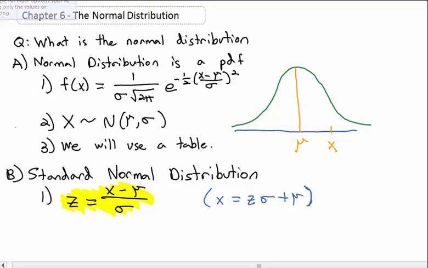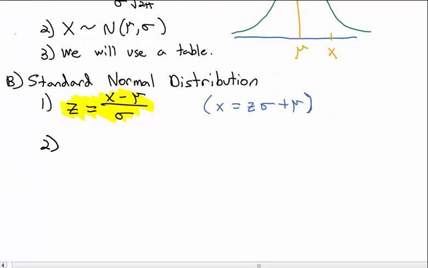But before we get really into that, let's really tear apart the standard normal distribution and make sure we understand it and how to use it. So now z is our random variable on a normal distribution. With z, the mean is always 0, and the standard deviation on the standard normal is always going to be 1.